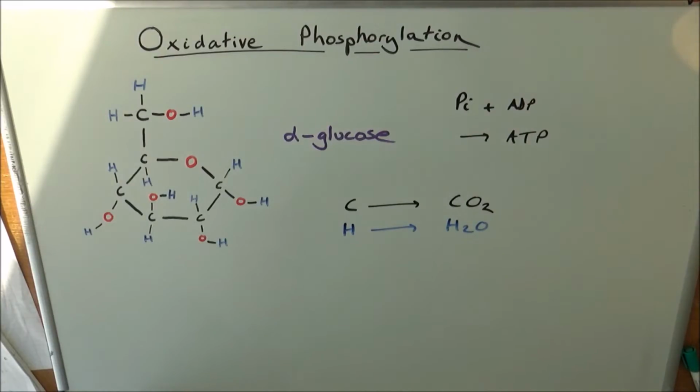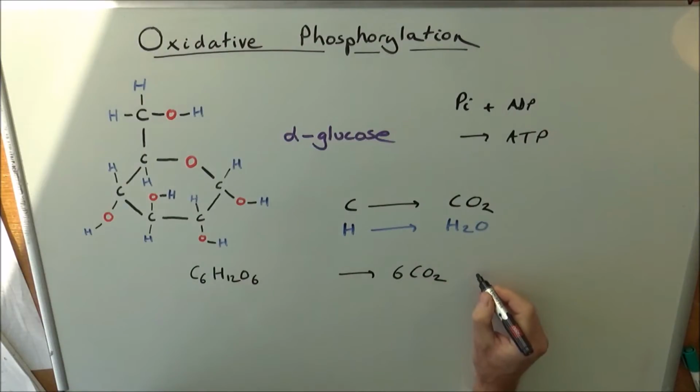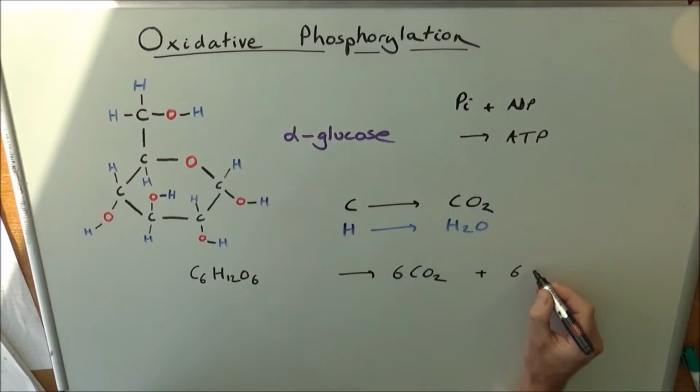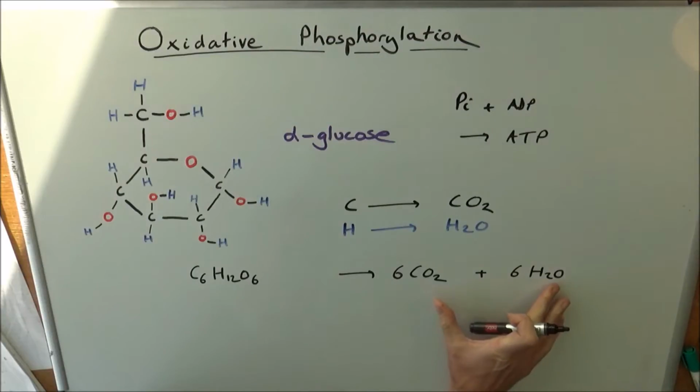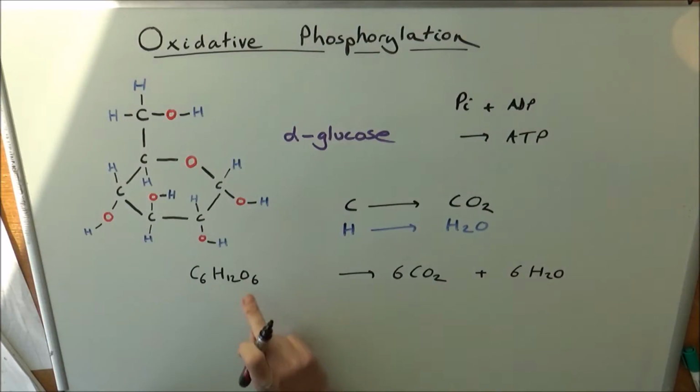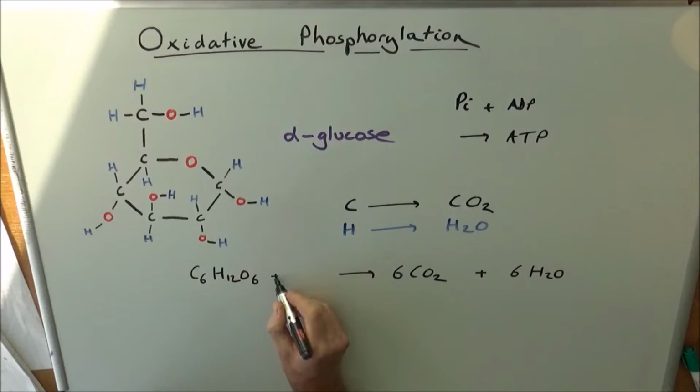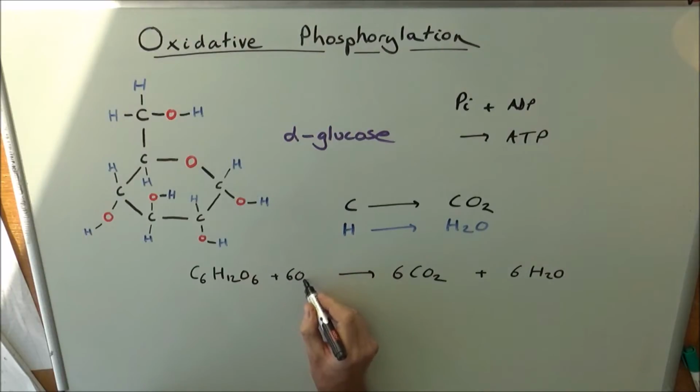If I write the overall chemical change as a balanced chemical equation, you have glucose, C6H12O6, and it's going to give carbon dioxide, and because we have 6 carbons, that's enough to make 6 molecules of carbon dioxide. 12 hydrogen atoms is enough to make 6 molecules of H2O, and you see straight away that on this side we have altogether 18 oxygen atoms, but only 6 in the glucose molecule, so we need some additional oxygen, and this is the oxygen that we breathe in through the lungs.